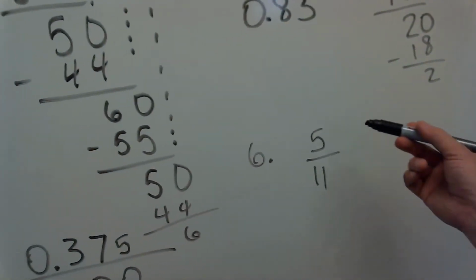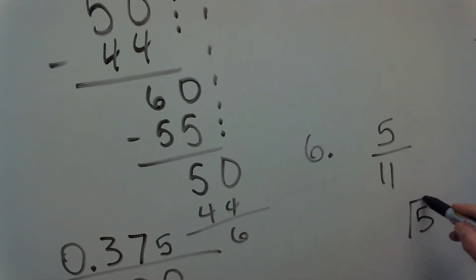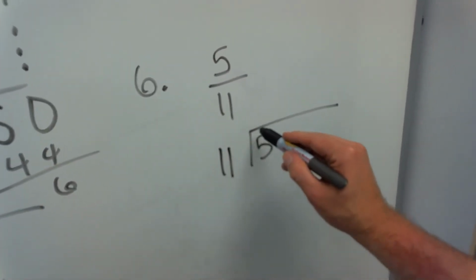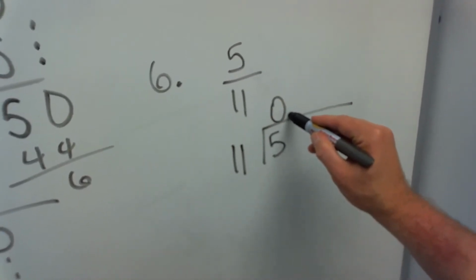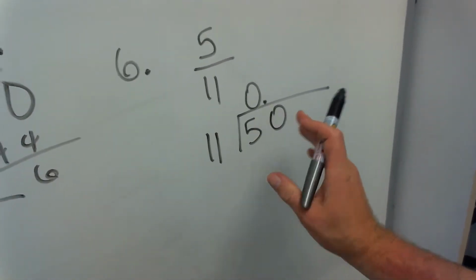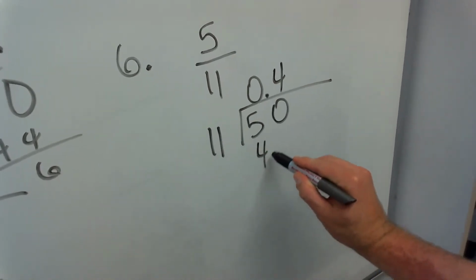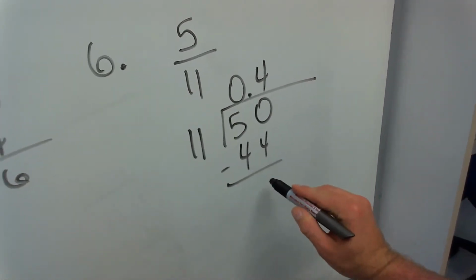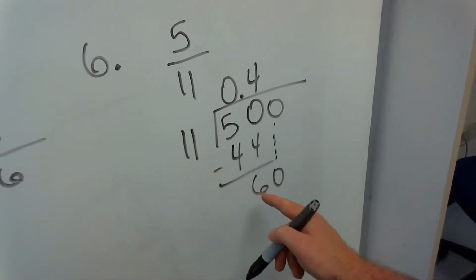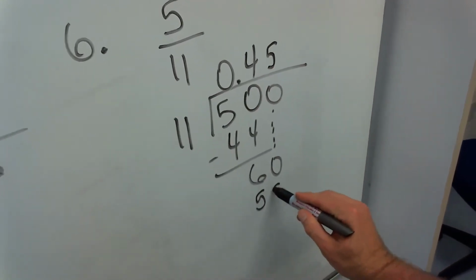Last problem, 5/11. Fractions mean division. 5 divided by 11. 11 cannot go into 5. It's a 0. Decimal point, bring down a 0. 11 goes into 50 4 times. 50 subtract 44 is 6. Add a 0, bring it down. 11 goes into 60 5 times. 5 times 11 is 55.